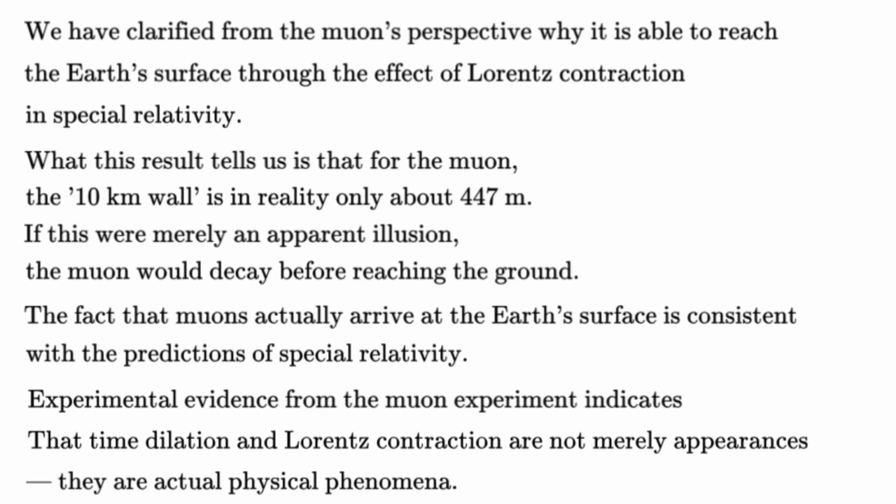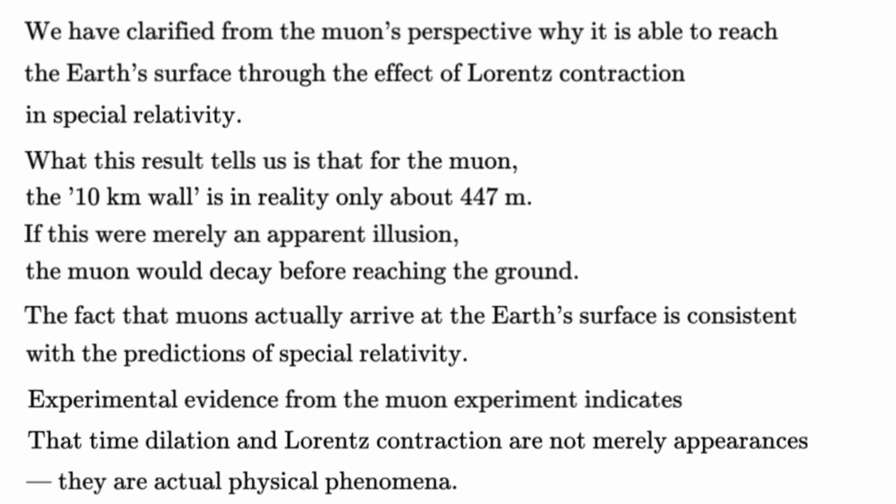We have clarified from the muon's perspective why it is able to reach the Earth's surface through the effect of Lorentz contraction in special relativity. What this result tells us is that for the muon, the 10 kilometers wall is in reality only about 447 meters.